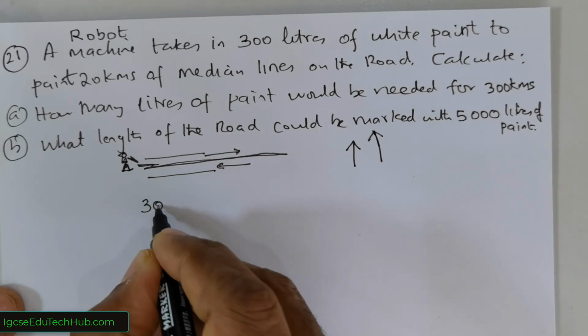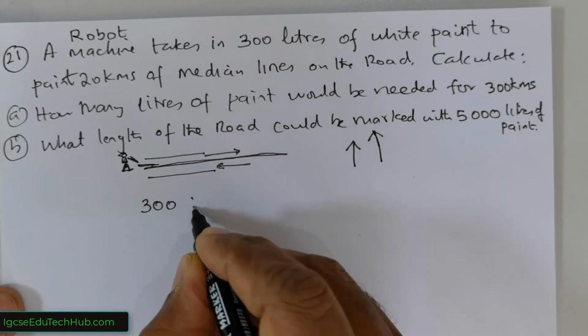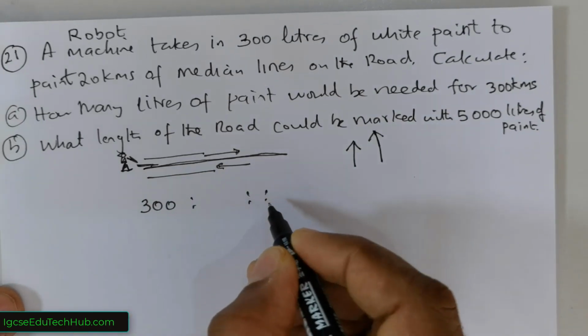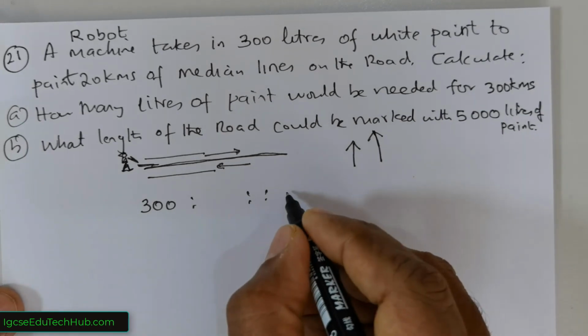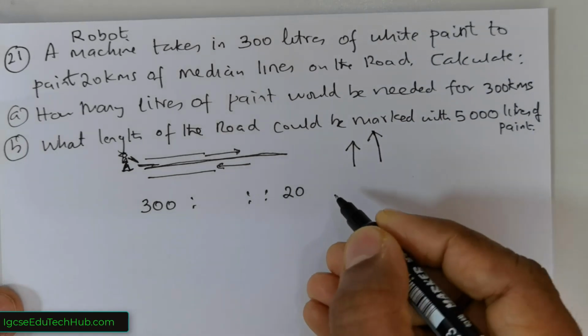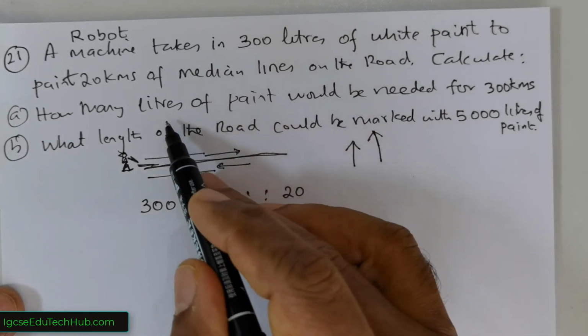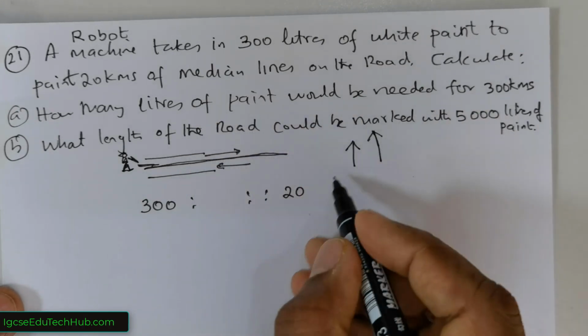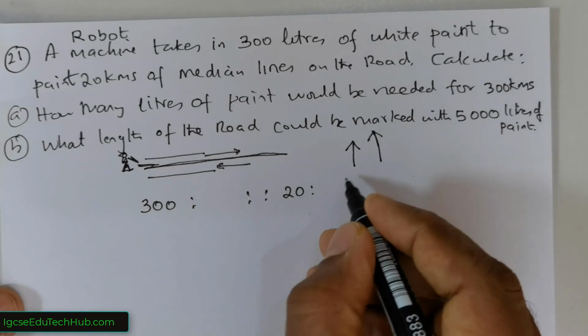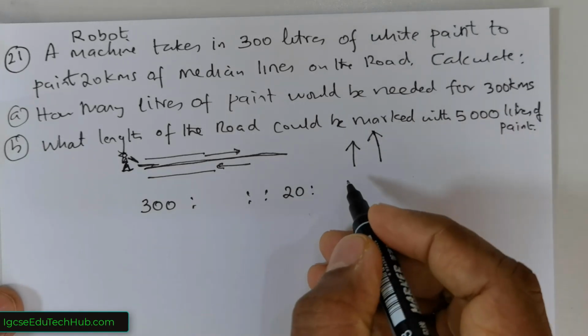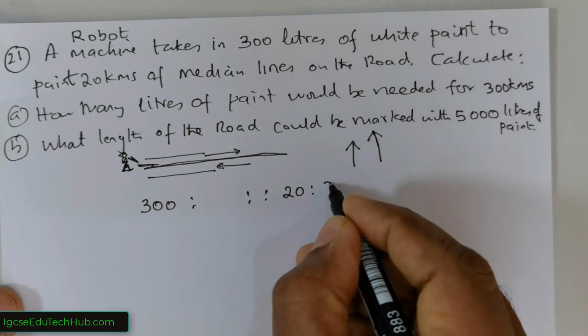It is given that 300 liters can draw the median for 20 kilometers. Now the question is, how many liters would be needed to paint or to draw the median for 300 kilometers?